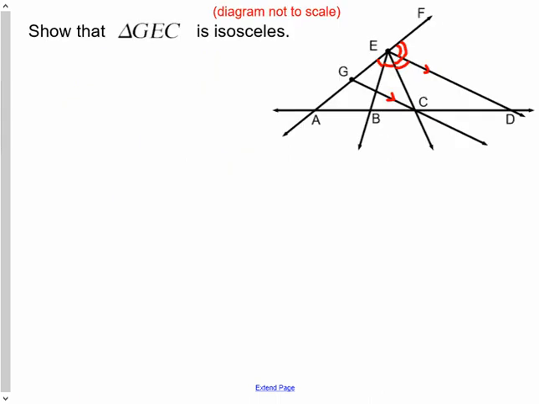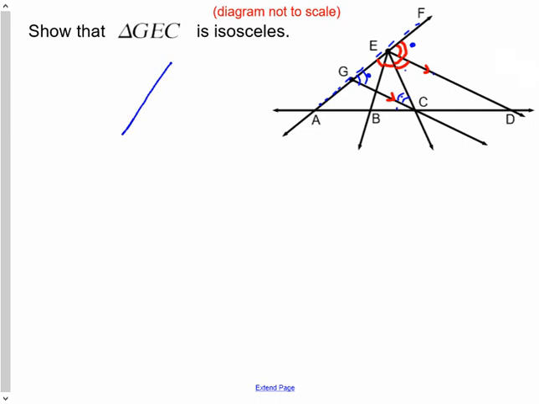So on this next problem, it says show that the GEC triangle is isosceles, and it is not drawn to scale. So use our parallel. We got parallel here. These two angles are alternate interior. Then using my parallel again, this line, these two angles are corresponding.